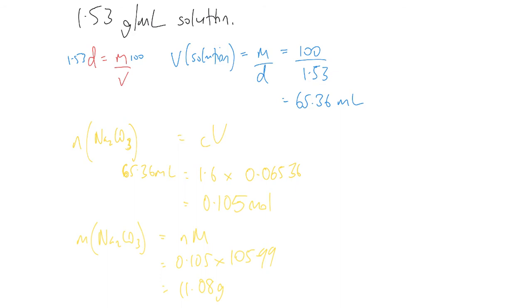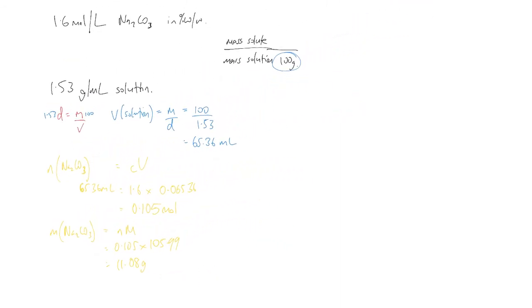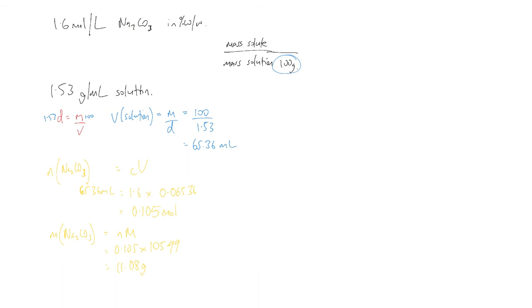Okay. So now I'm going to put that into the percentage weight for weight equation. Percentage weight for weight of Na2CO3 is equal to 11.08 grams over 100 grams, which is just equal to 11.08.